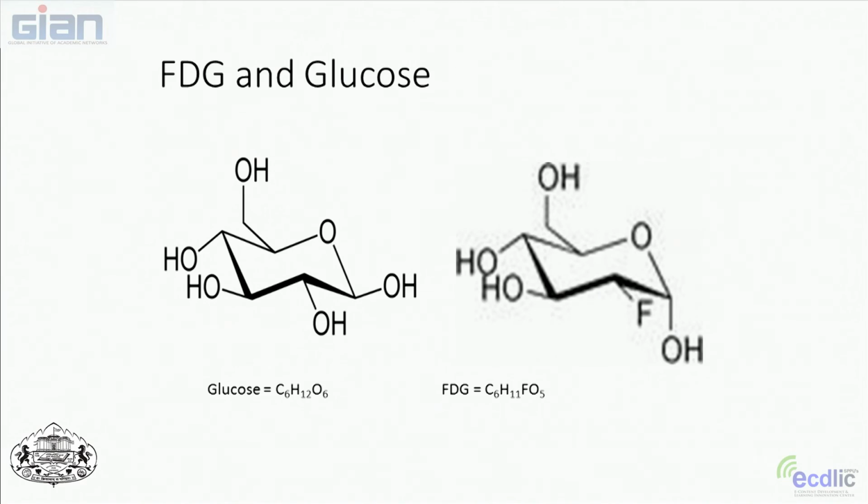And again, we're substituting this FDG and pretending that it's the glucose, but we can then trace the hot spots in the body and see where the metabolism is quickly occurring. So as you can see here, the glucose molecule is on the left and our FDG molecule is on the right. So it mimics the glucose molecule to an extent.